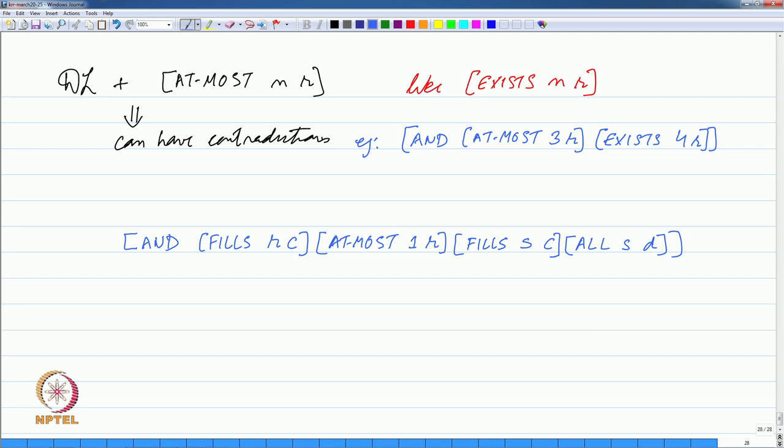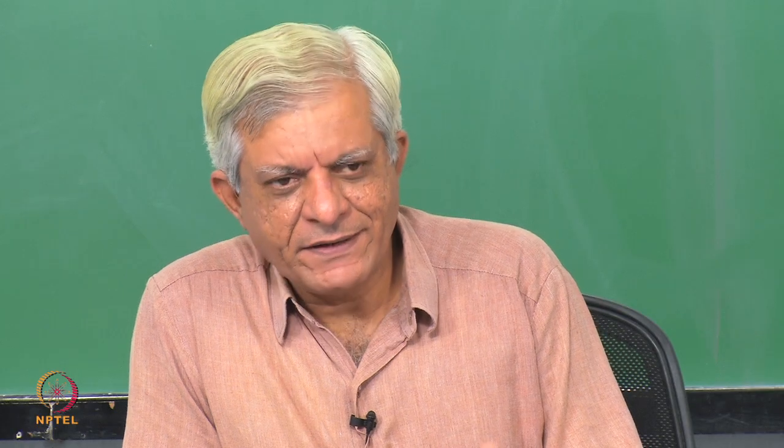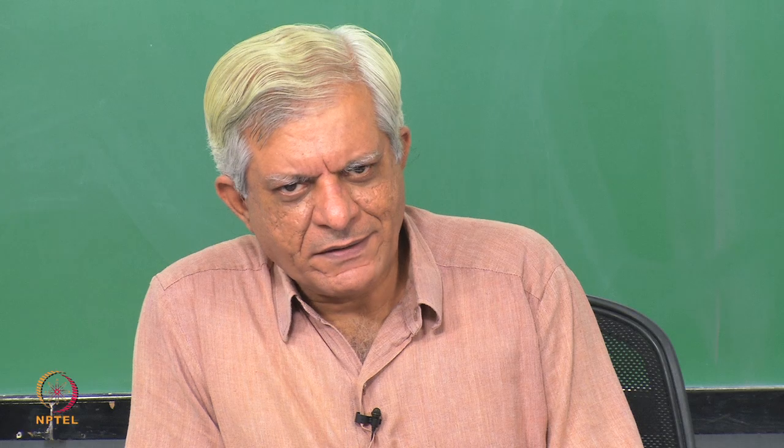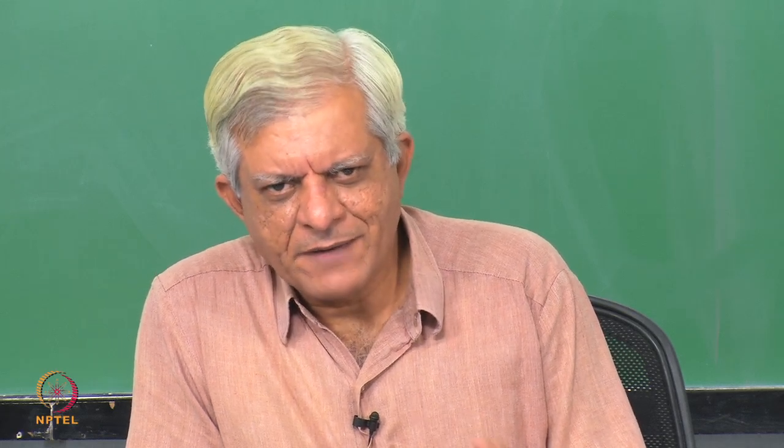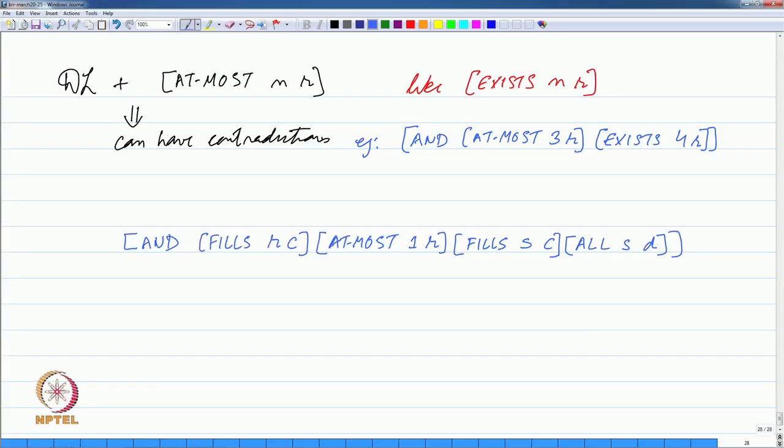Then R could be another role, and we are saying that C also fills that role R, and only one element can fill this role R. So, this is a concept.